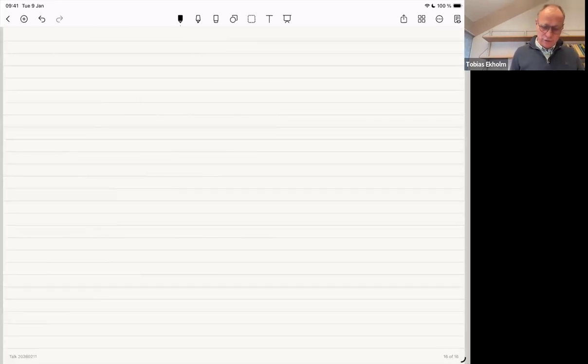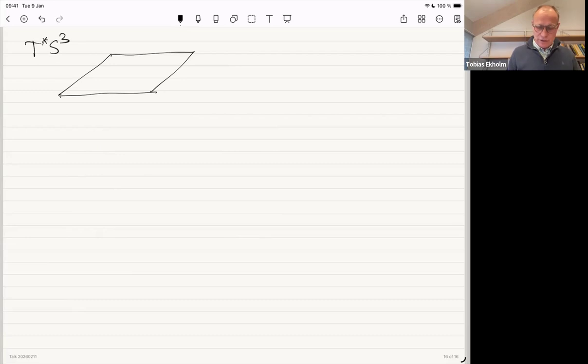So here I'm going to draw a schematic picture of T star S3. Topologically at infinity, this is just S2 times S3, right? And here, if I draw it like this, then the S3 is alive, but the S2, I should draw it better.